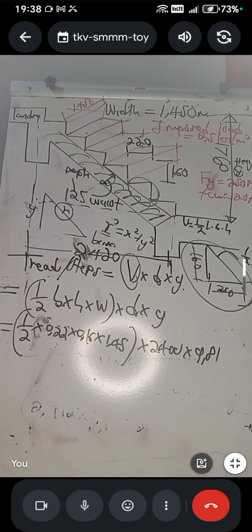Because in some calculations I see they round off to 3 decimal places, some to 2 decimal places, some to 1. To be safe, it's 3.